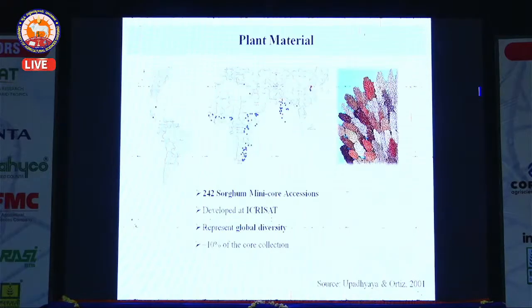So with this background, our objective is to identify the molecular basis of resistance to this pest. We have taken 242 minicore sorghum accessions from ICRISAT, and this minicore panel represents the global diversity. It helps in identification of rare alleles as well as novel genes.